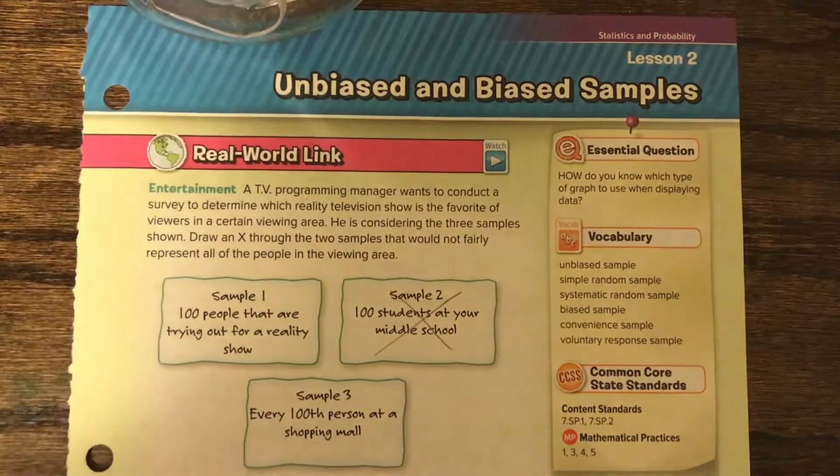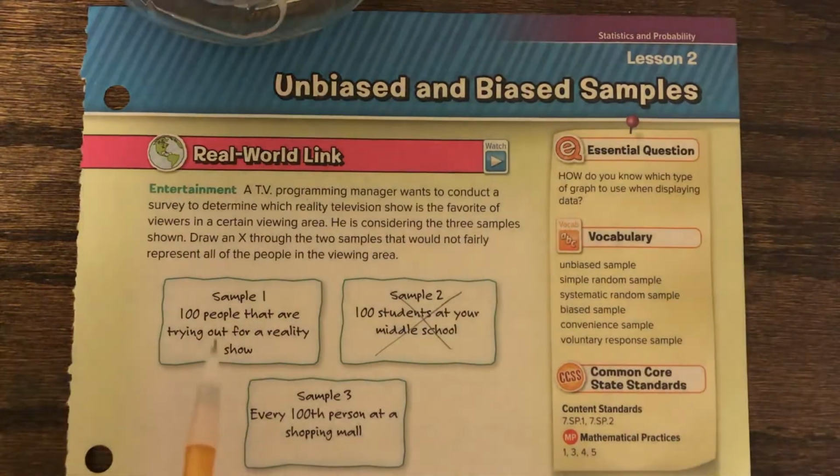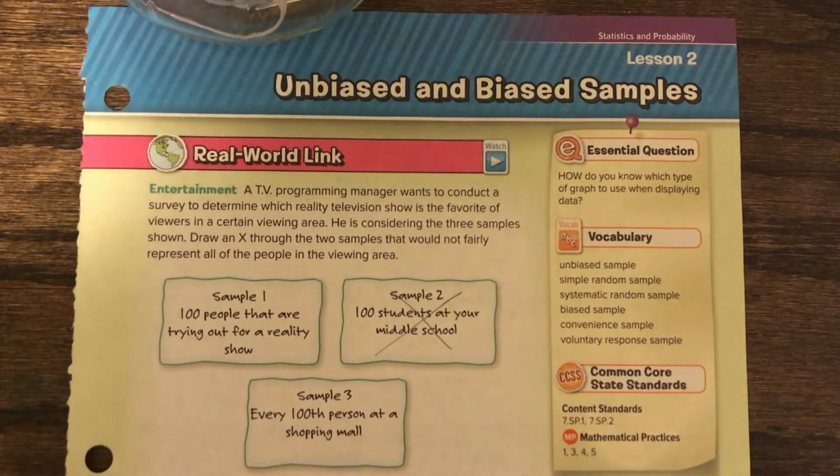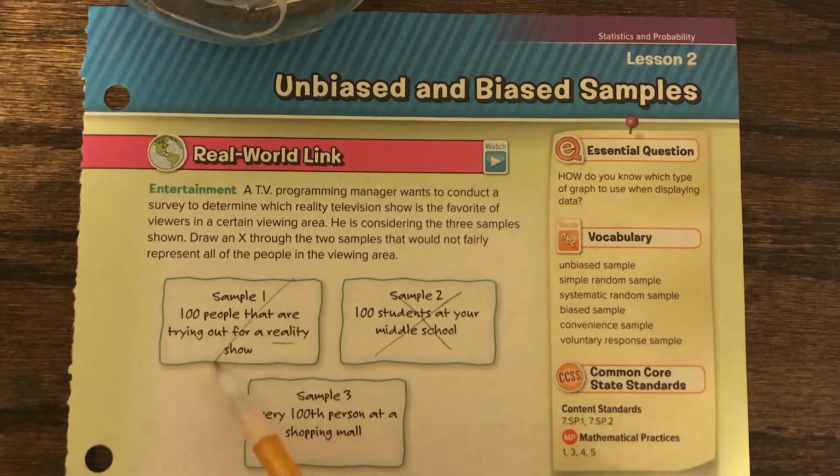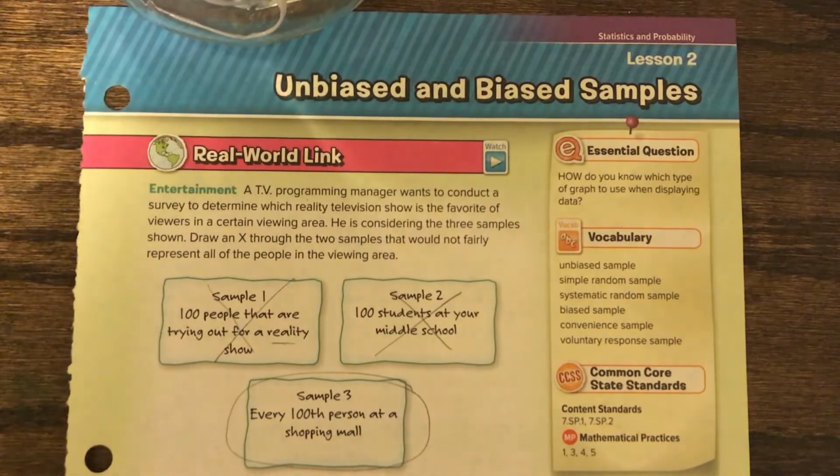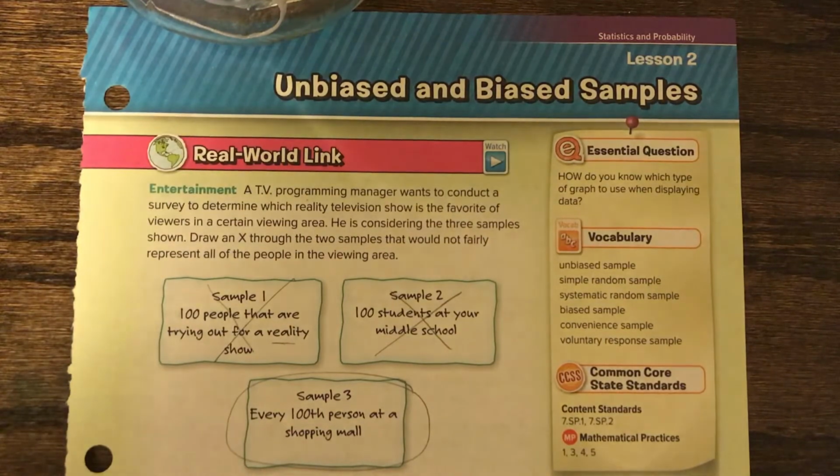The other one that wouldn't be a good place is the 100 people that are trying out for a reality television show. We already know they probably would choose reality if they're trying out. But again, not everyone would be there. The best place for this TV programmer to get a good sample would be the mall, where they're doing every 100th person and sampling there.